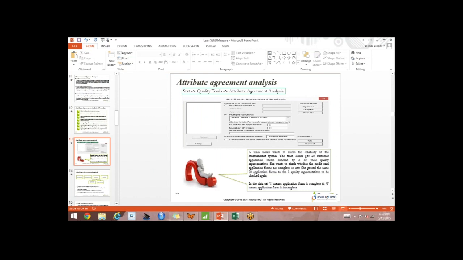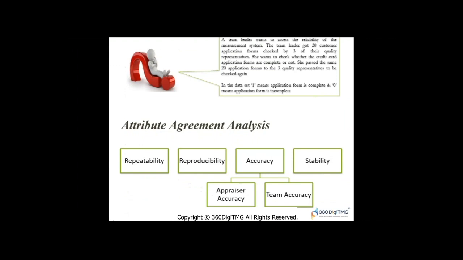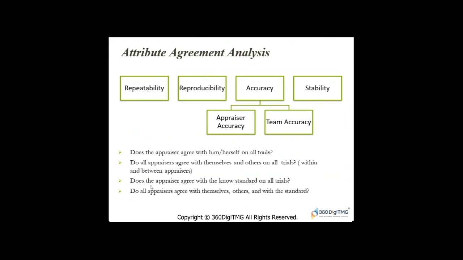And here are the things that we have discussed. Repeatability, reproducibility, accuracy. We have discussed appraiser accuracy and team accuracy, and based on this we are deciding whether our measurement system is stable or not. Does the appraiser agree with him or herself on all trials?